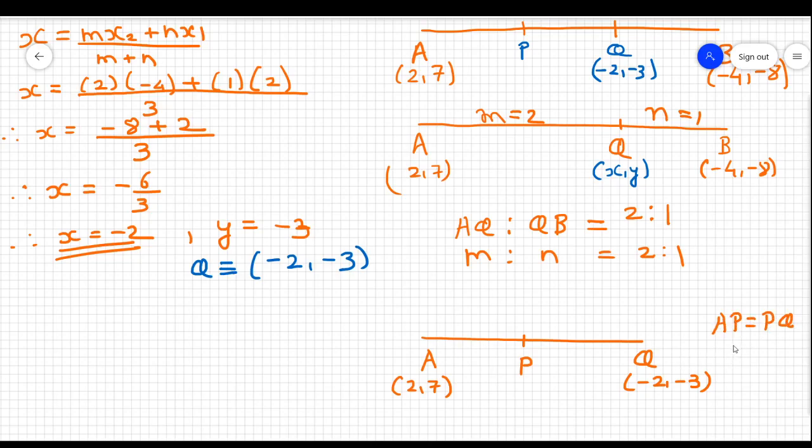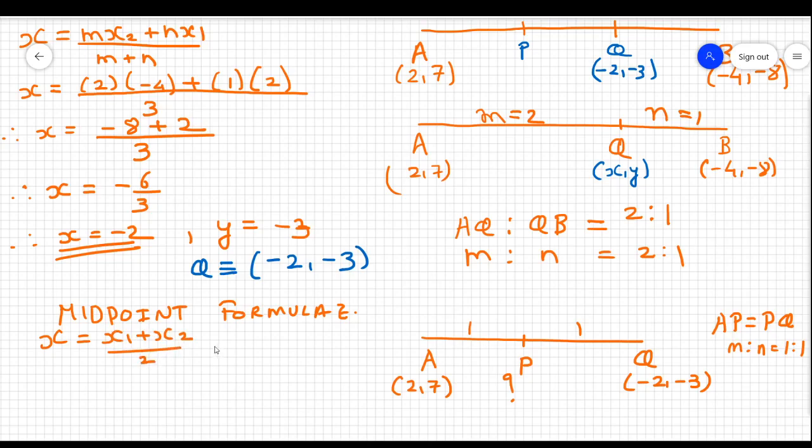This means P is the midpoint. If AP equals PQ, then P is the midpoint. If P is the midpoint, then what is m/n? Last time we studied 1:1. So m/n is 1:1. Now we can find the values of P. Which formula are we going to use if it is the midpoint? Yes, we will use the midpoint formula. What is the midpoint formula? x is (x1 plus x2) upon 2, and y is (y1 plus y2) upon 2.